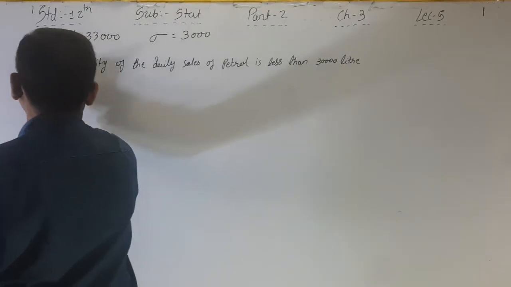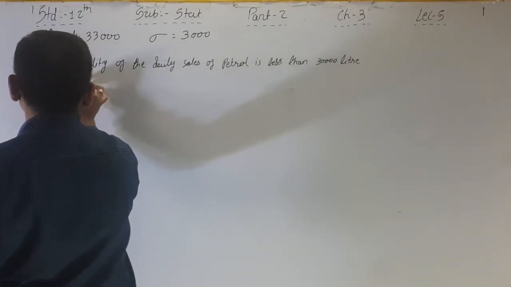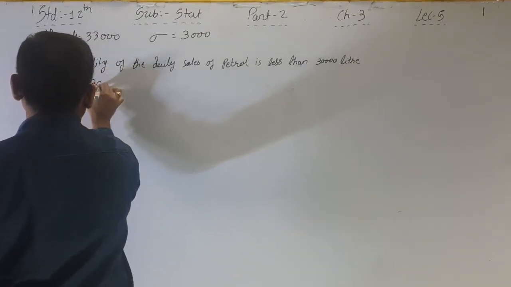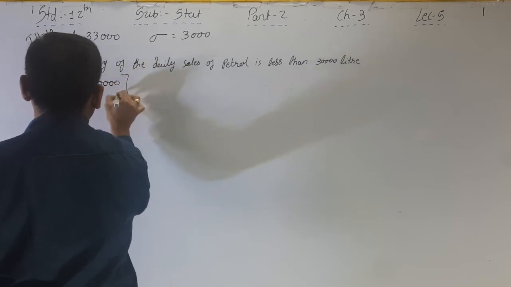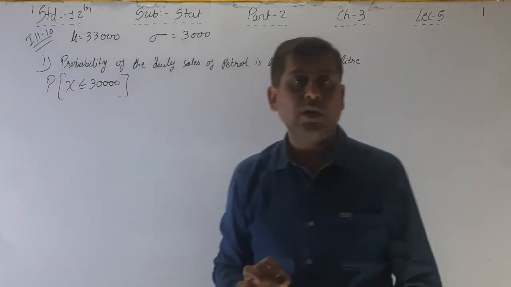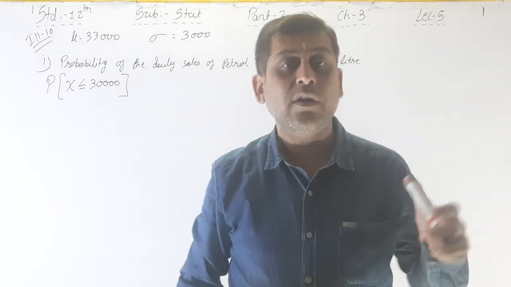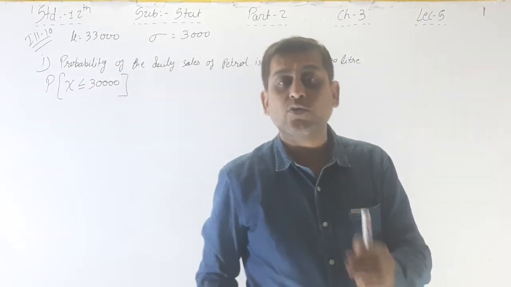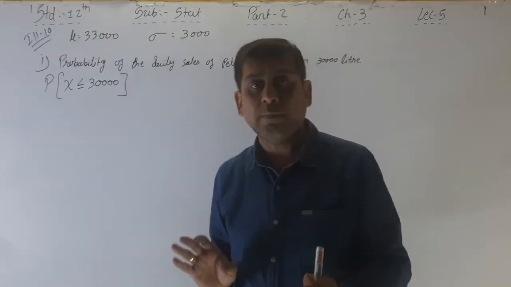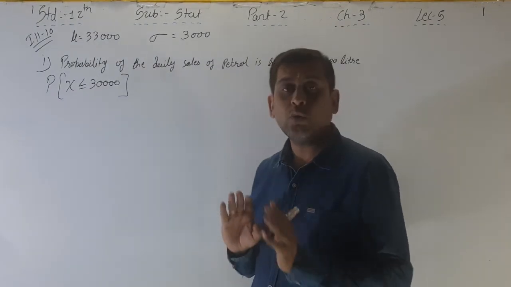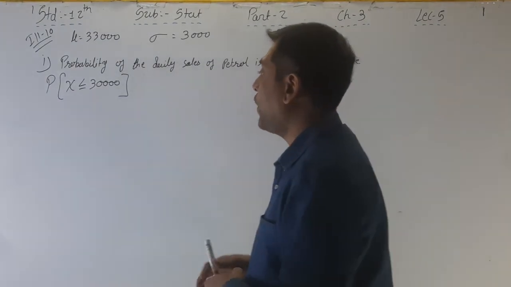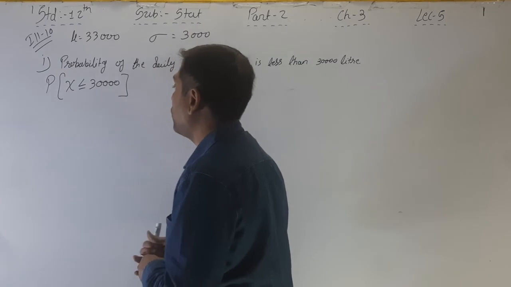We have to find P of X less than or equal to 30,000. It is just a simple question. Whatever we did in our previous illustrations 1 to 5, we have to do the same. Nothing else, no new thing is there.